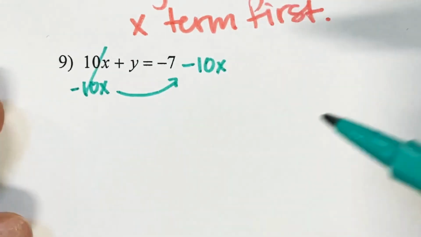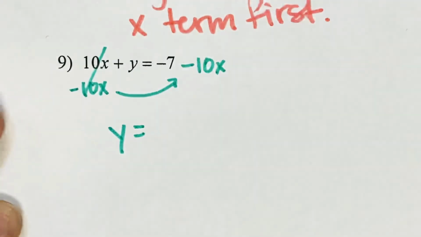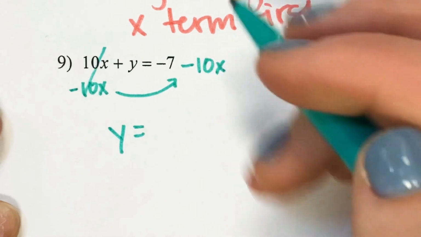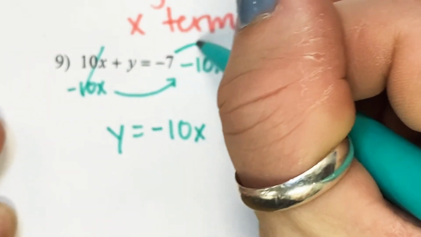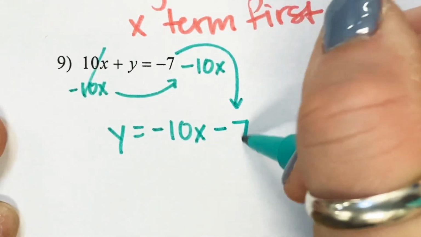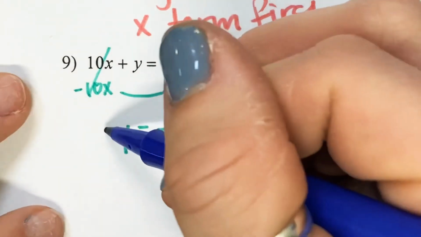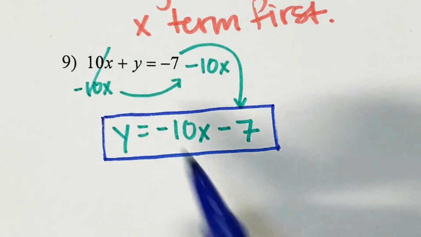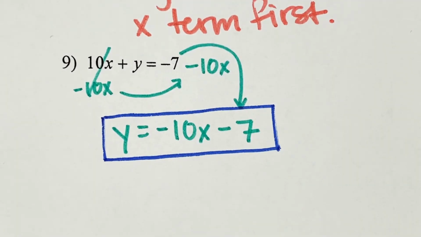So we have our y that's left over, and it's a positive y, so we don't need to get rid of any negative signs. Write your x term first, so negative 10x, and bring your negative 7 down. And there we go. The only thing we had to move for number 9 was that 10x, which then turned to a negative 10x on that side.